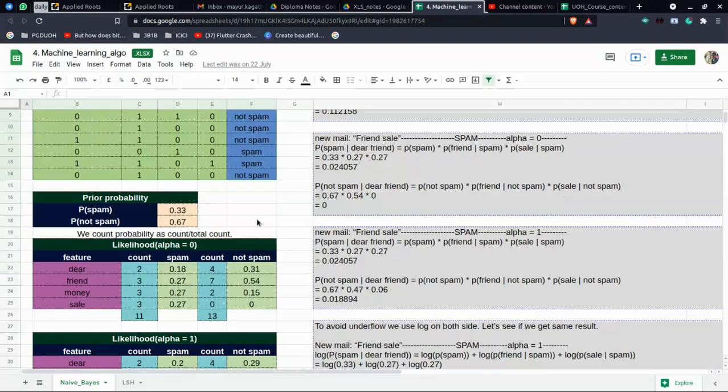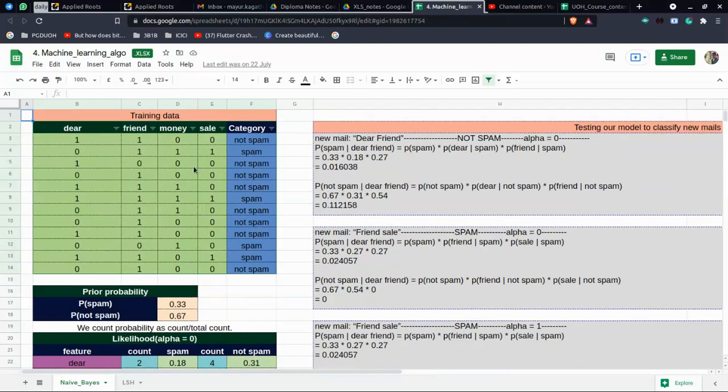Even this is also an example of multinomial naive Bayes, because I am having so many features: one, two, three, four features. Why multinomial naive Bayes? Because I cannot just say that the probability of observing deer is 1 by the number of times deer is there.